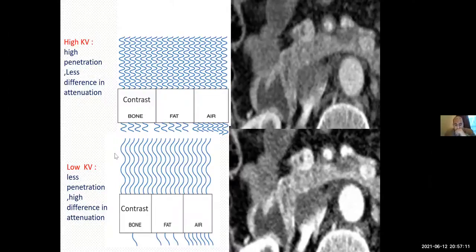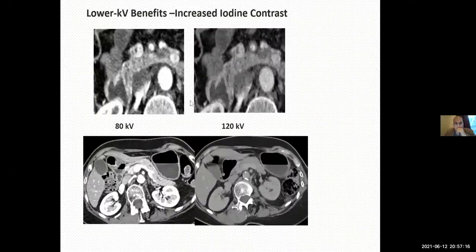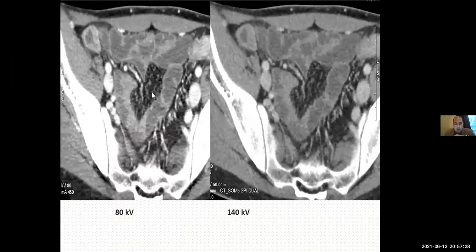But also using low kV, here in 80 kV and 120 kV, you can get the difference very easily. Okay, and here also, this is CT abdomen, this is the aorta and the corticomedullary region. A lot of papers talk about this issue of using low kV in contrast cases.